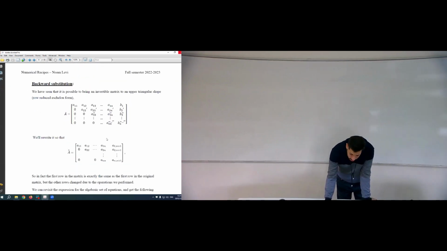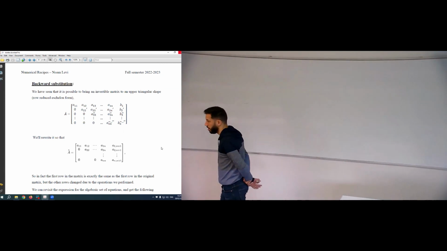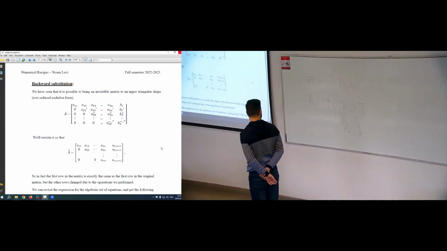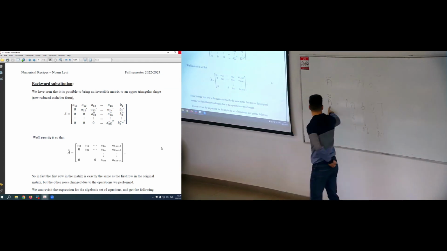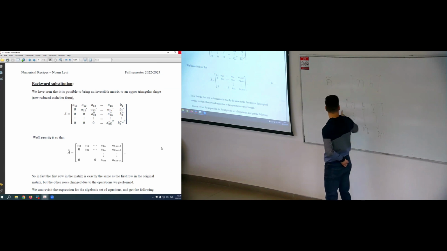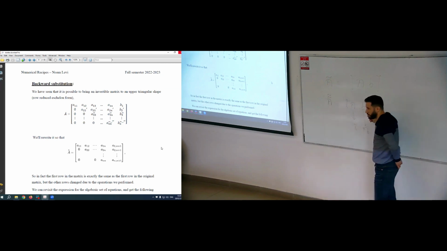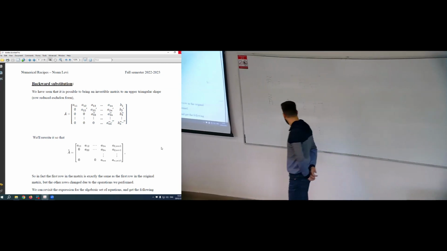So let's talk about this backward substitution. And what does the tilde mean again? It's because this is the augmented matrix, so I call it tilde. And here I have another augmented matrix which includes also this. I call it double tilde.